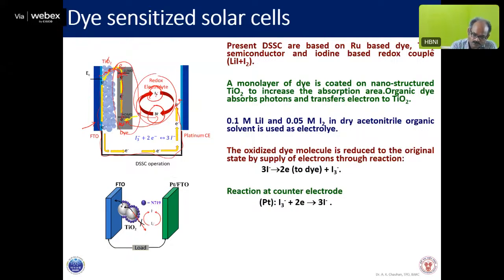From TiO2 it goes to FTO. From FTO it comes this way. Here there is a platinum counter electrode. From this platinum it goes here. What it does, it reduces I3 minus to 3I minus, and then this electron is taken by this level. So the electron has reached its original place.